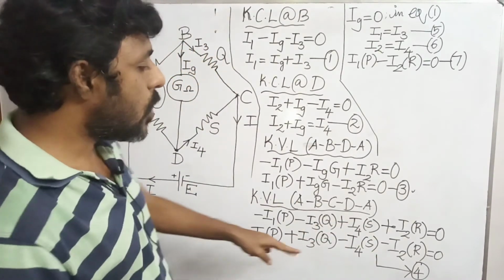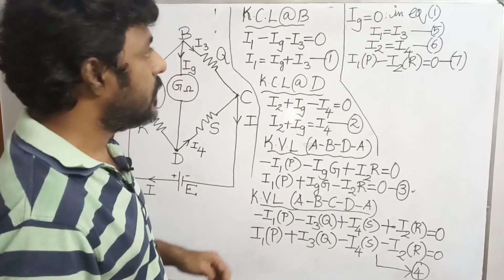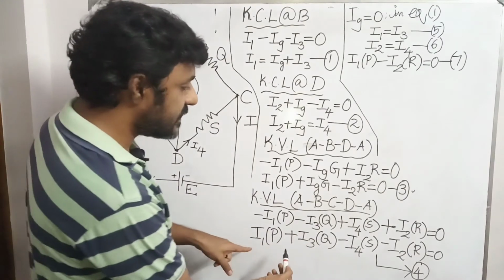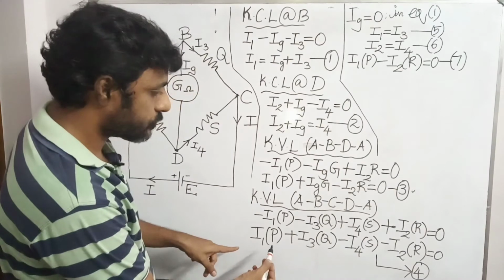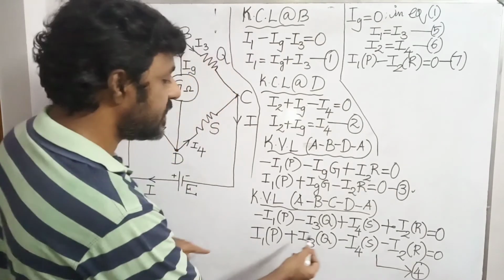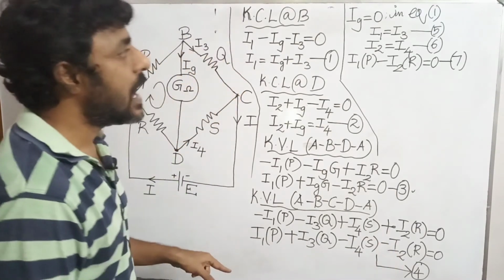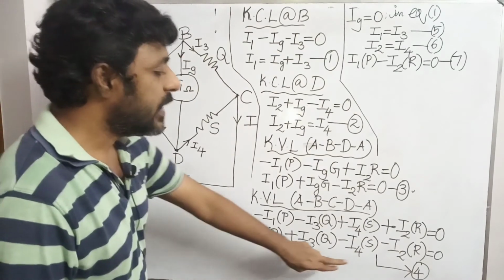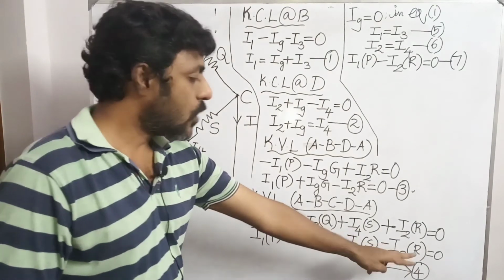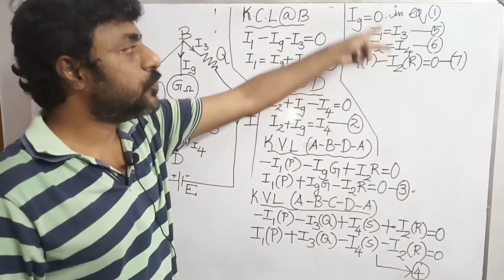Now what we are supposed to do is consider equation number 4, and replace certain quantities with the quantities which we have obtained.